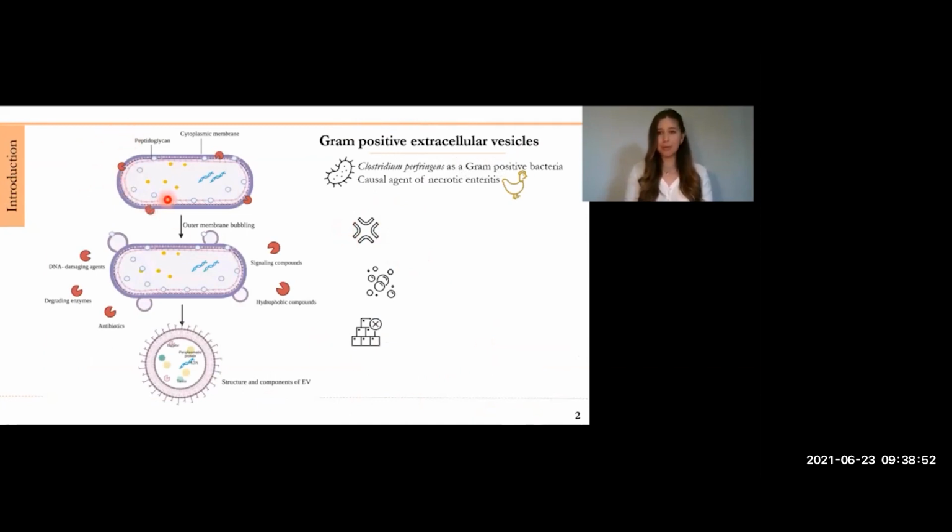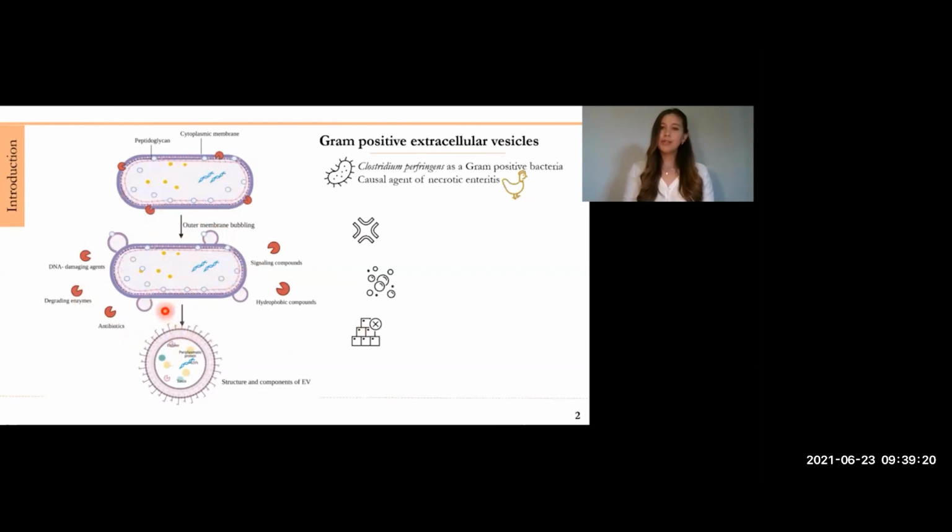Here on the left side, we can see a diagram representing the process of extracellular vesicle biogenesis. Initially, we have the cell with a peptidoglycan wall delimited by the cytoplasmic membrane. In many cases, various factors will trigger the membrane bubbling because of the destabilization of the peptidoglycan wall and cytoplasmic membrane.